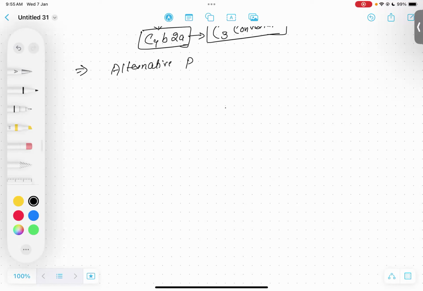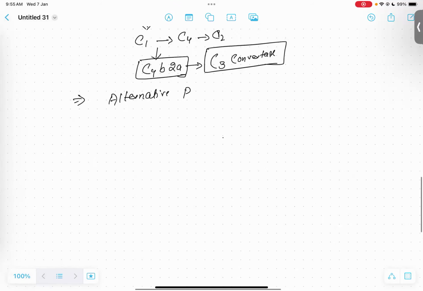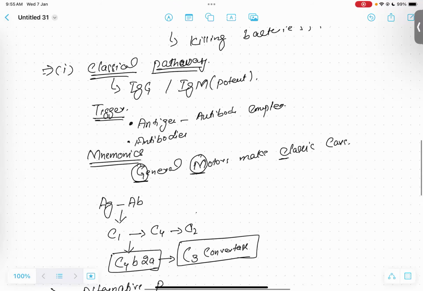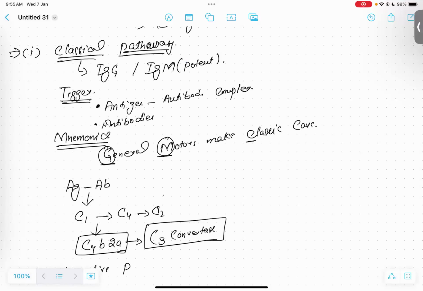Doctor, can you please repeat the first one, the classical? Yes. The main triggers for the classical pathway are two types of antibodies; it is only activated by antibodies, IgG and IgM. IgM is more potent.